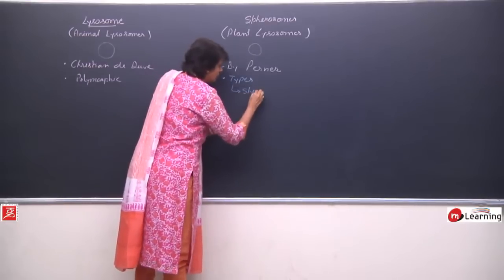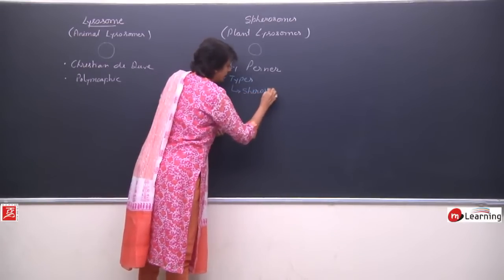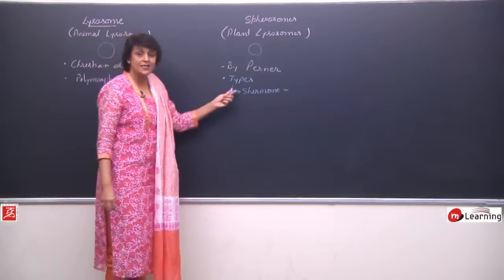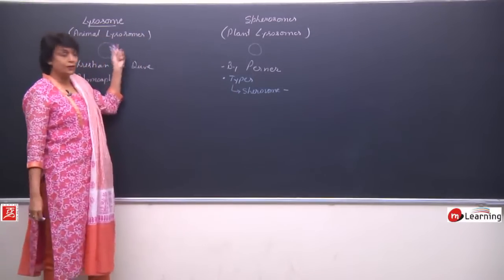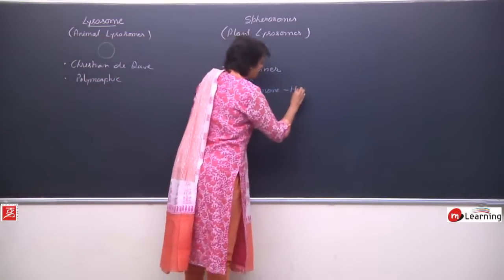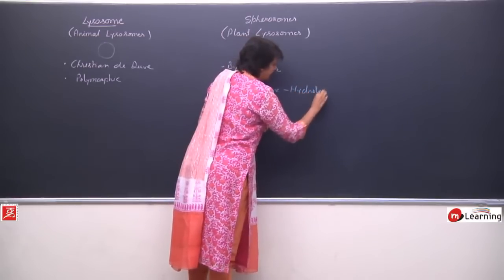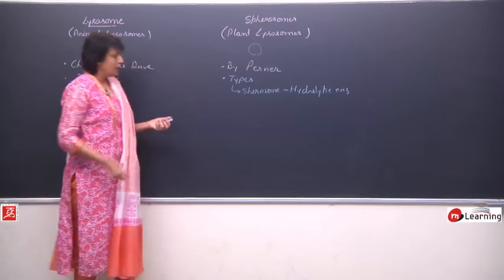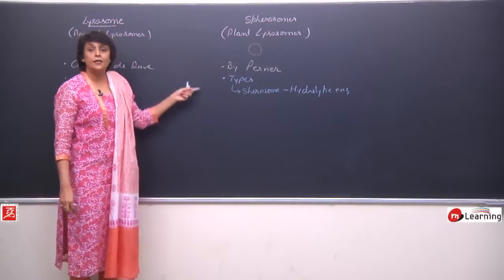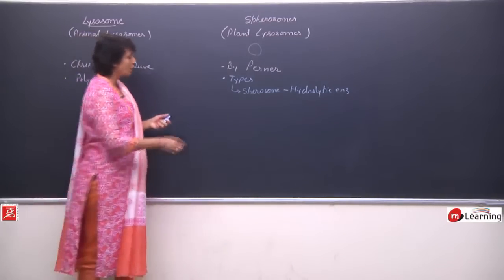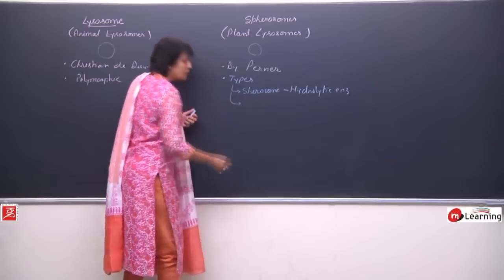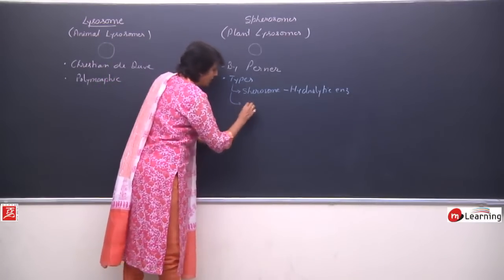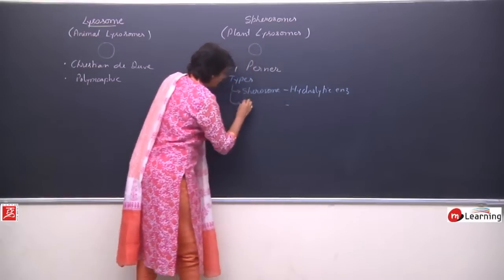When we use the term spherosome, they have the hydrolytic enzymes same as that of the animal lysosomes. But sometimes plant lysosomes, apart from the enzymes, also have some stored material or substance like aleurone. So aleurone is a protein.